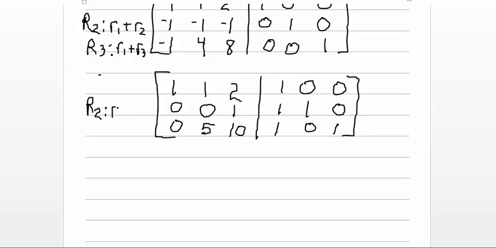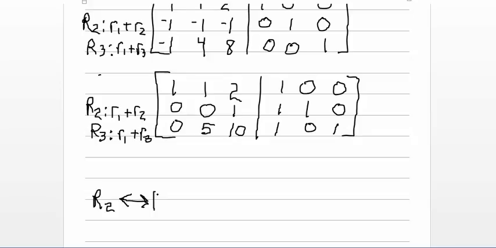Typically that's where you write it. So here's how I got this new row 2. I added the previous row 1 and row 2, and I got my new row 3 by adding the previous row 1 and row 3.